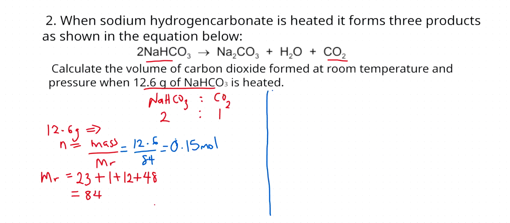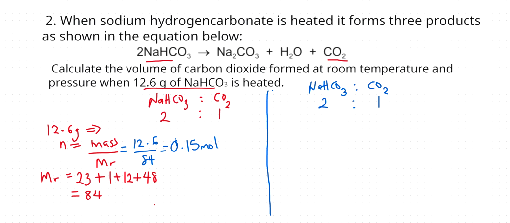Now, having gotten the number of moles that we have in 12.6 gram of sodium hydrogen carbonate, we go over to slot that into our mole ratio. So I'm going to write that here again for clarity. Remember, we're comparing sodium hydrogen carbonate with carbon dioxide. From the equation, we have 2 moles of sodium hydrogen carbonate supposed to give us 1 mole of carbon dioxide.